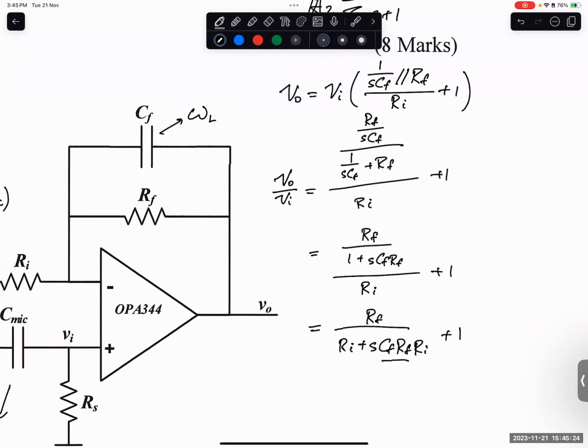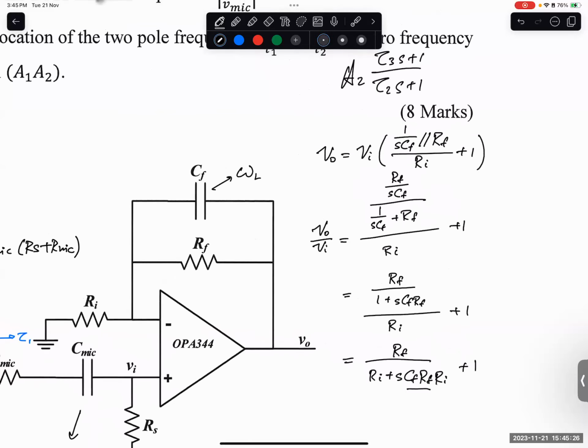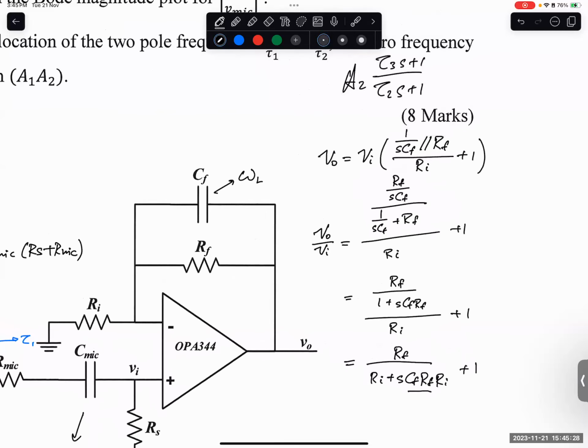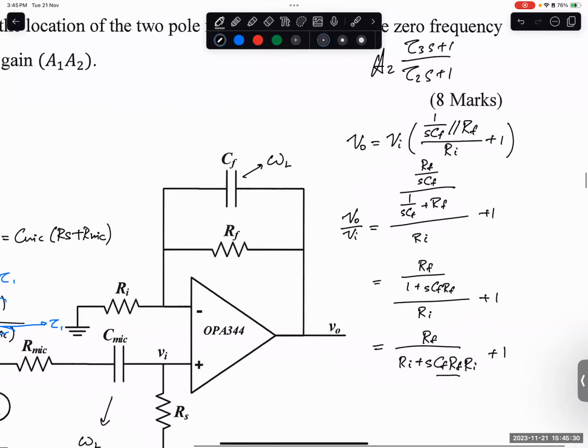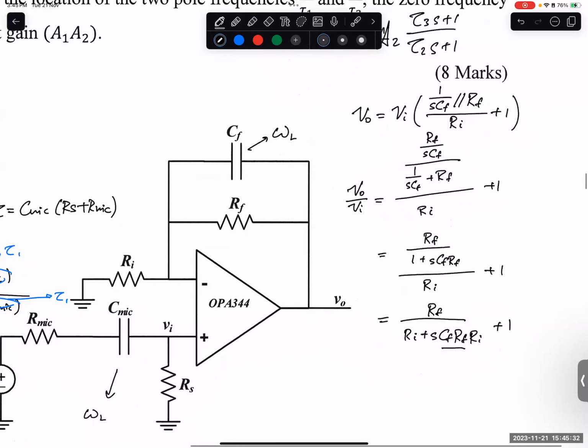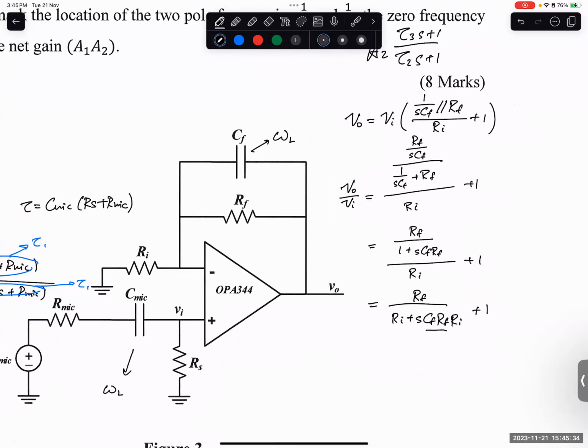Yes. Does RI come together with the time constant? Sorry? The RFI. CF R, is it we count only CF R or count all three together? What do you mean? The two resistors need to count together or only count RF? Yeah, but yeah, this one, these two.